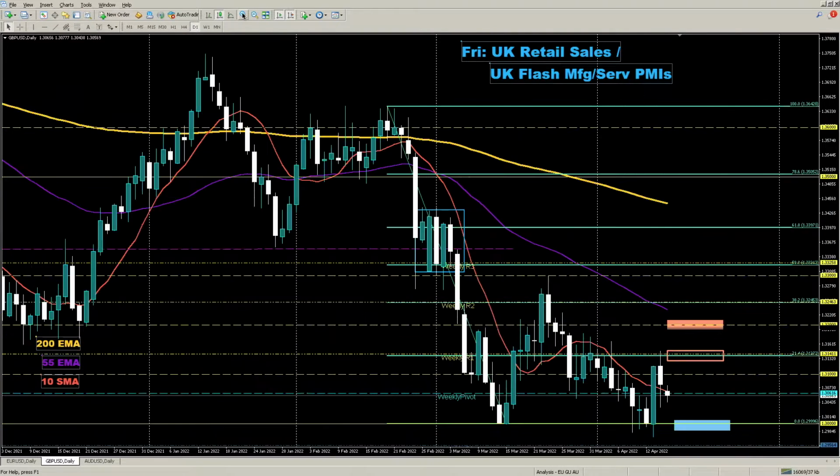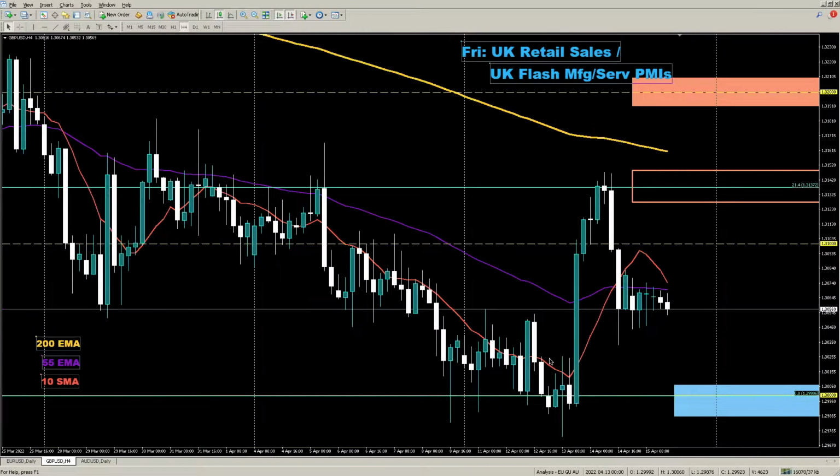Let's expand this. You can see that it found support there, and let's go to the 4-hour time frame. That was this one bullish move from the 9 a.m. US Eastern close. That was the 4-hour close. It was a strong bullish move and carried on higher above the 131.